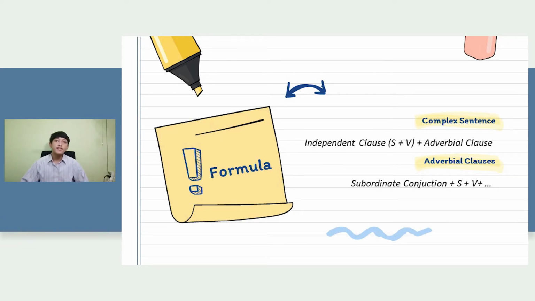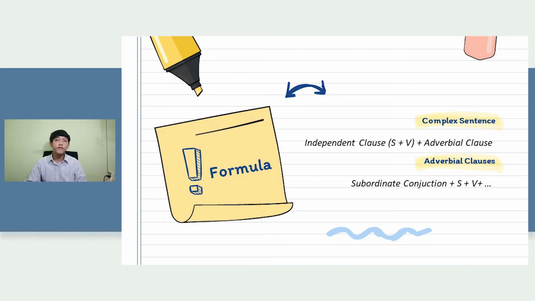Complex sentence: independent clause, that is subject plus verb, plus adverbial clause. The second formula of adverbial clauses: subordinate conjunction plus subject plus verb plus adverb.